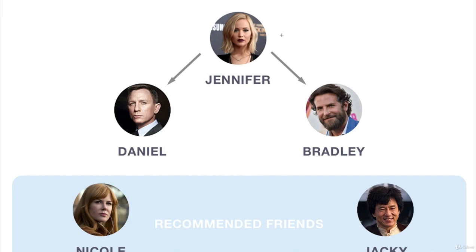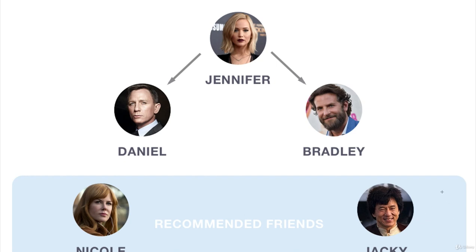So we'll have to build a little bit more complex logic, with more complicated SQL commands. To summarize, Jennifer Lawrence has two friends, Daniel Craig and Bradley Cooper. They have friends Nicole Kidman and Jackie Chan, who are going to be the recommended friends for Jennifer Lawrence.